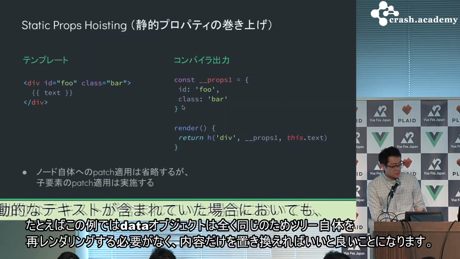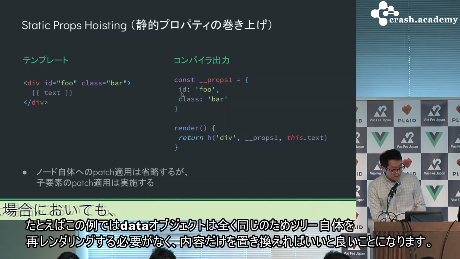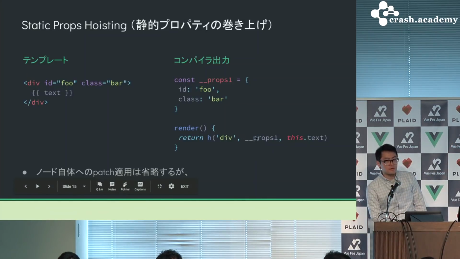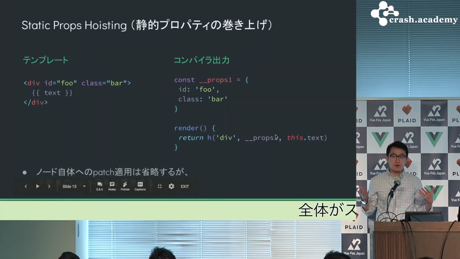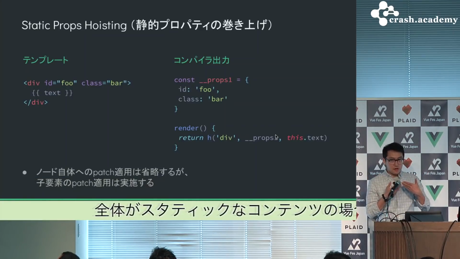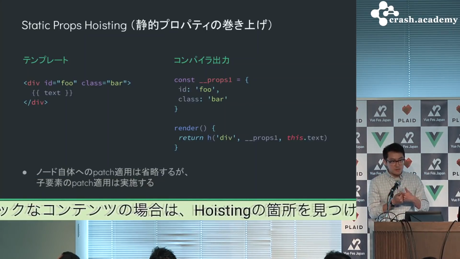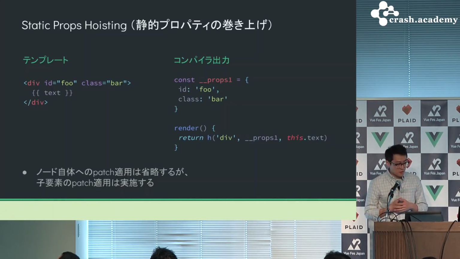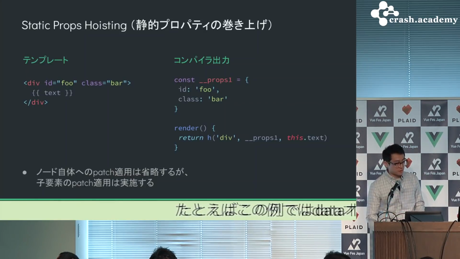We can create this static object with ID and class information, put it outside of the render function, and reuse it for the div on every render. So now, again, when we compare this div on a re-render, we see that its data object is exactly the same, so there's no need to diff again. There's no need to compare it. So now we can directly go to its children. So this node becomes pretty much free in component re-renders.